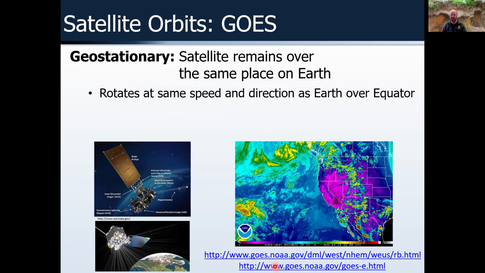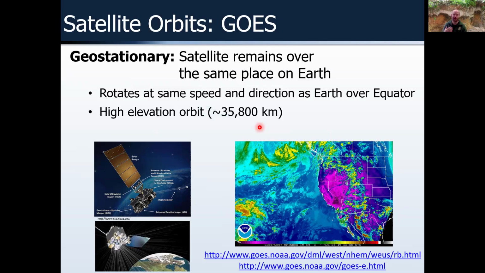And so here are some links to find weather from NOAA here. That satellite is always fixed right above the same spot, and over time you're going to see weather, in this case clouds and temperature, change over time. So it's a way to observe everything changing underneath you where the satellite itself is not moving.